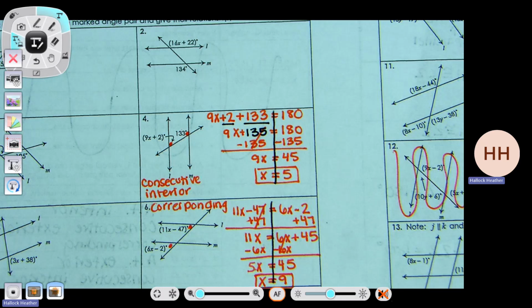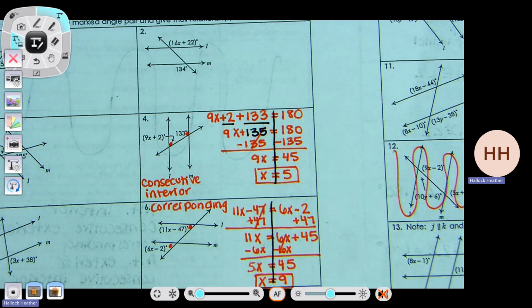It's either equal to each other or they add to make 180. They're both obtuse. So erase this part, but you're using the middle. You don't need the 180.